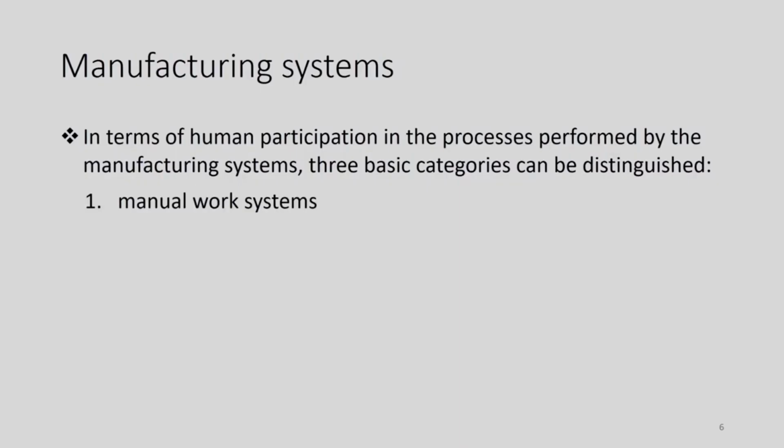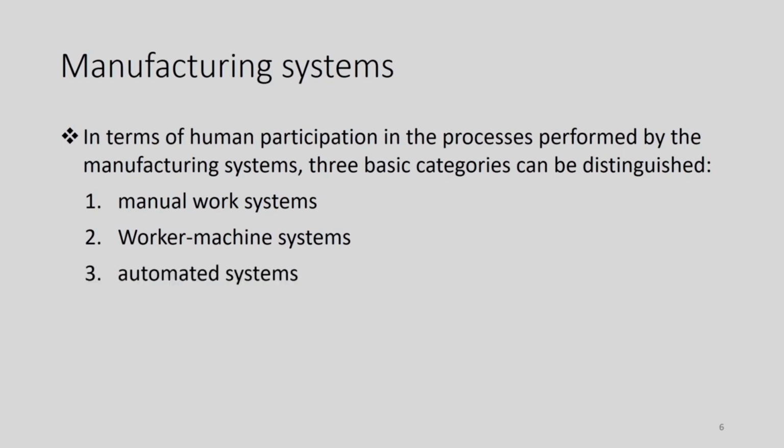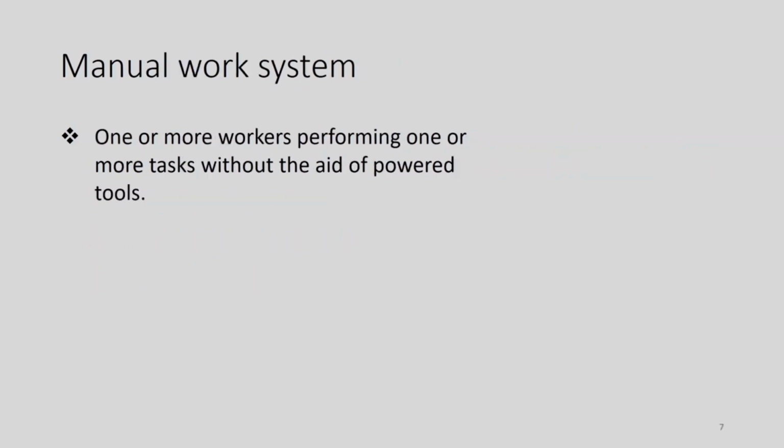There are basically three categories of manufacturing systems. The first category is the manual work system, the second category is the worker machine system, and the third one is the automated system. Now, let us see the meaning of a manual work system.